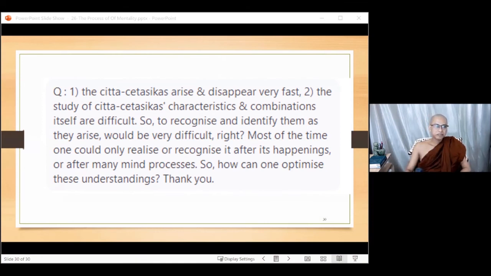Okay, it's a very good question. That is right. The cetasika, according to the nature of mentality, are very, very fast, too fast to know. And we should not forget that we are trying to know by mind, and the mind is also very fast.